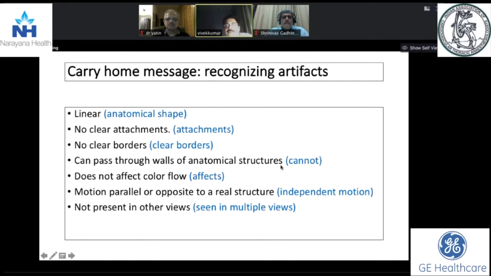They can pass through the walls of anatomical structures, while the true images cannot. Artifacts do not affect color flow, while the true structures do. The motion of an artifact will always be parallel or opposite to the real structure, while the true image will have an independent motion as per its anatomy. And an artifact will not be present in all other views, while a true image will be seen in multiple views.